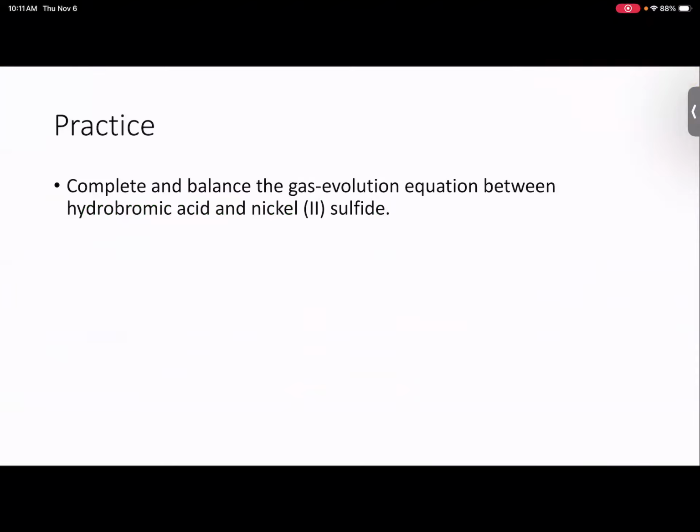So let's just look at this reaction. Complete the balanced gas evolution equation between hydrobromic acid and nickel(II) sulfide. Okay, hydrobromic acid is HBr aqueous. That is reacted with nickel(II) sulfide, which is Ni2+, and sulfide is S2-.